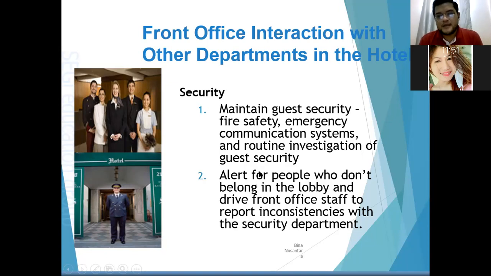And alert for people who don't belong in the lobby: front office staff report inconsistency to the security department. When you, the front desk staff, find any suspicious person in the lobby, someone who doesn't belong, who looks very suspicious, not like a hotel guest, you should call the security to come and have a word with this person.